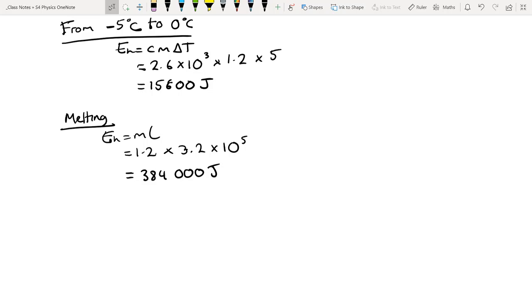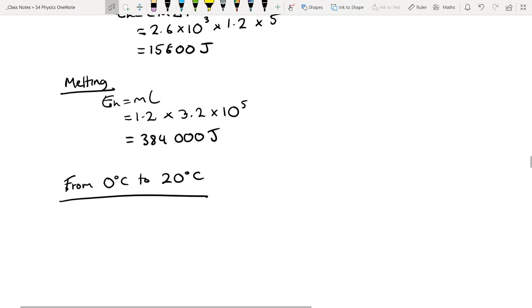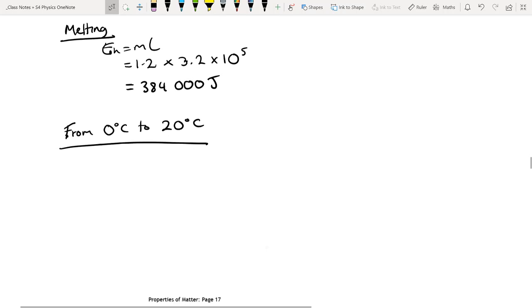Okay, so we've got to the fact it's got to 0 degrees C, it's melted, and then it goes from 0 degrees C to room temperature of 20 degrees C. So we've got another step. So from the next one, it's a change in temperature again.